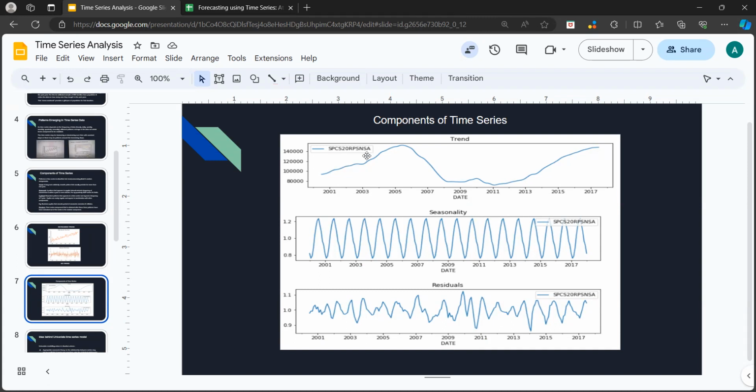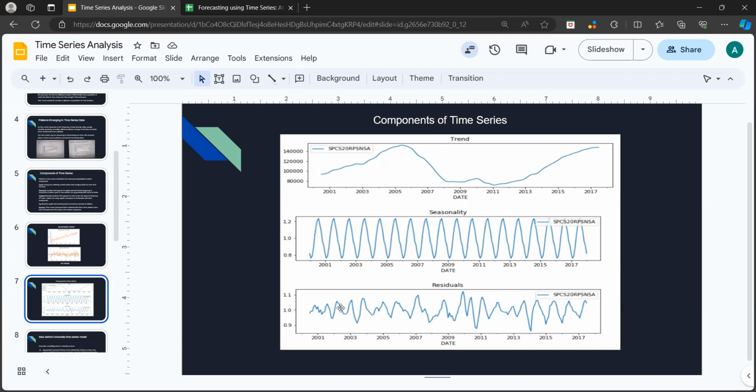Like in the first image you can see 2001, 2003, 2005 it's increasing, then suddenly it's going down. So for a long run it's a trend, but in the third image and the second image you can't say. Like today it's increasing, then decreasing, then increasing. It's random or something like that. It's not a trend. Trend is over a long period.